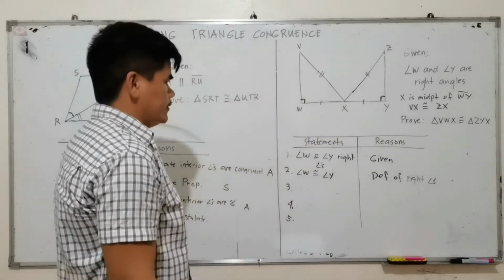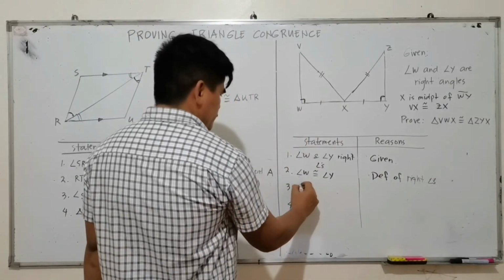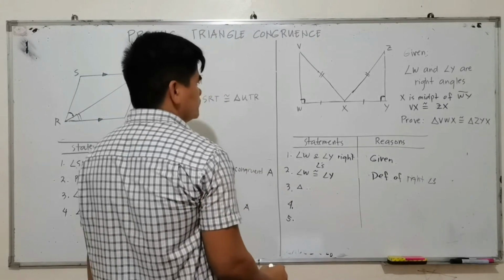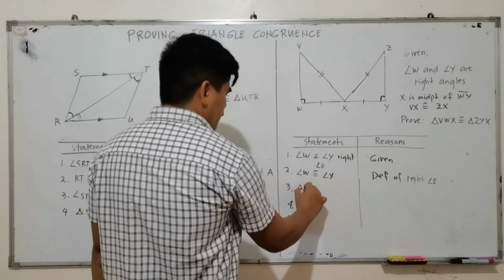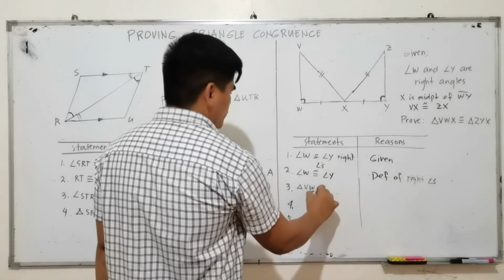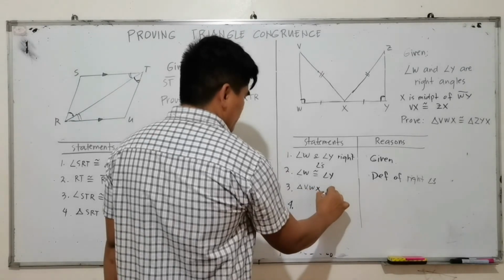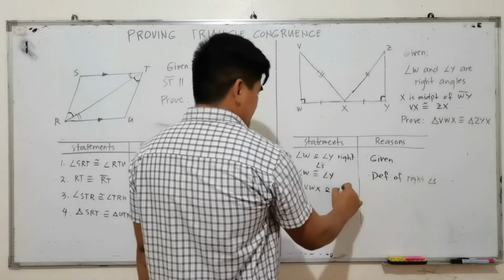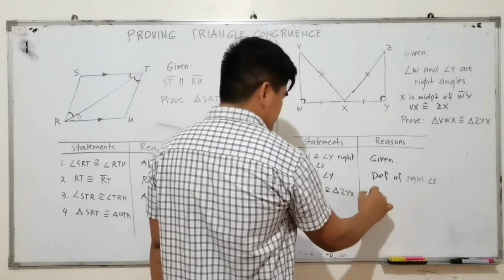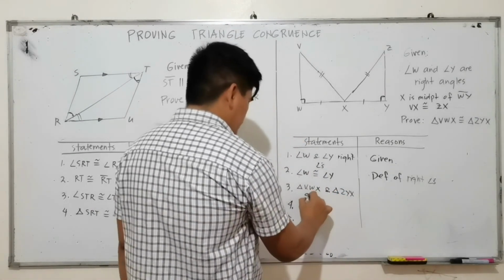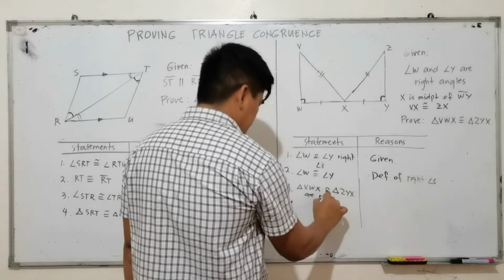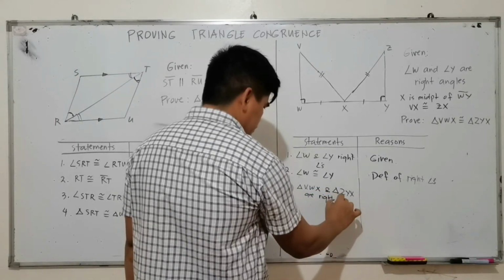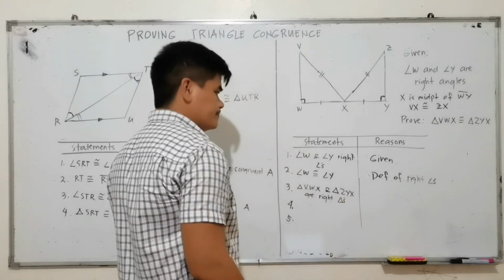Okay? Therefore, triangle VWX and triangle ZYX are right triangles.